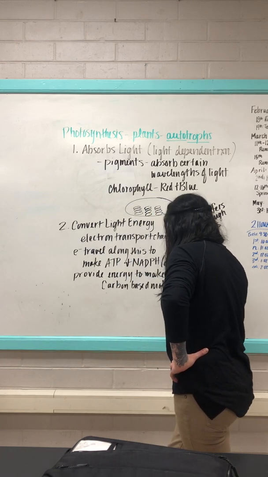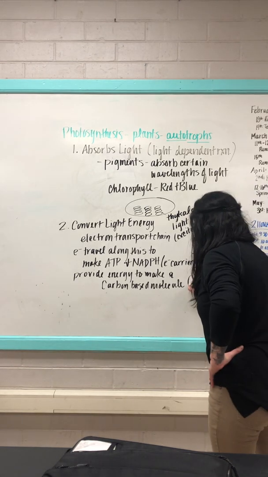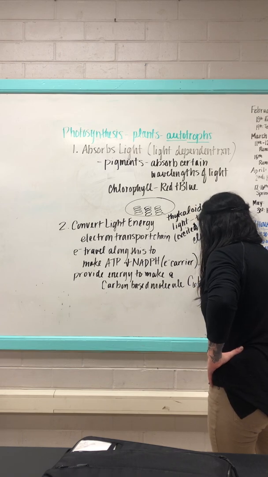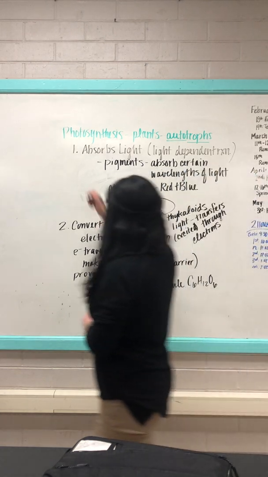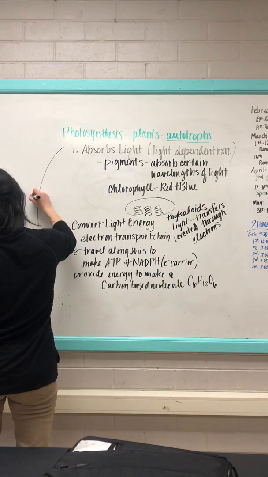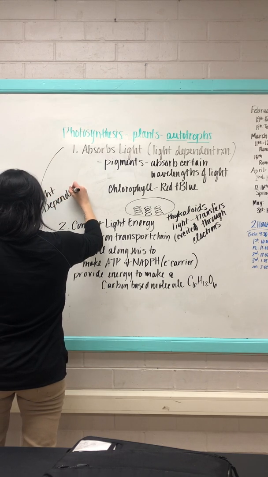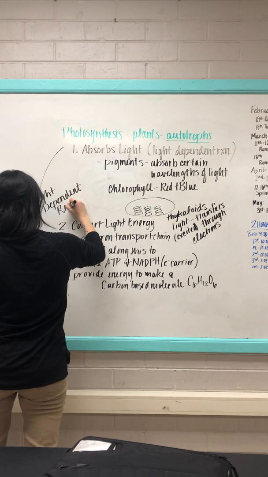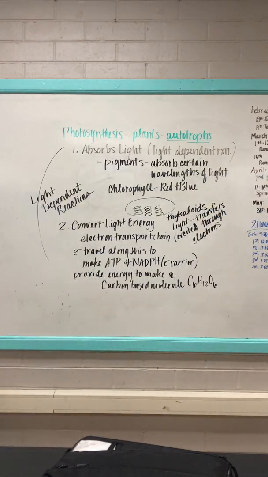What is the carbon-based molecule that plants are trying to make? Yeah. Glucose. C6H12O6. Okay, so both of these are the light dependent reactions. Alright, so those have to have light. They have to be in the presence of light.